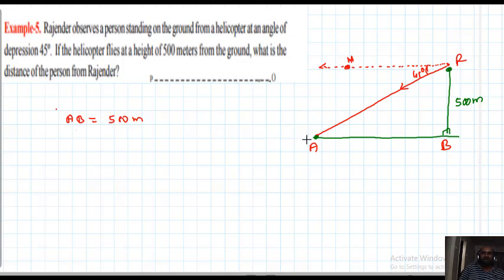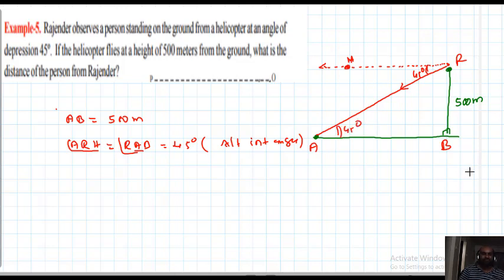Angle ARH equals angle RAB. These two angles are equal because they are alternate interior angles, equal to 45 degrees. The reason is alt. int. angles: because these two lines are parallel with a transversal, alternate angles are equal, that's why this is also 45 degrees.